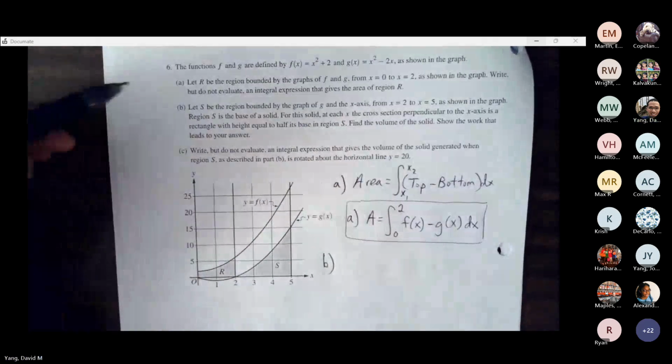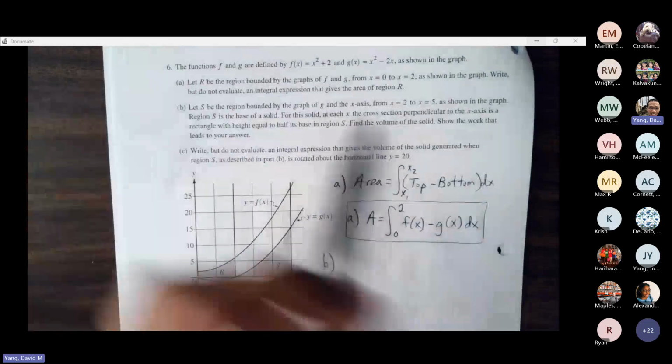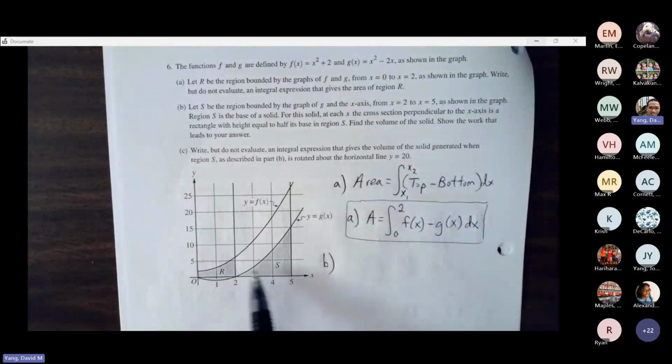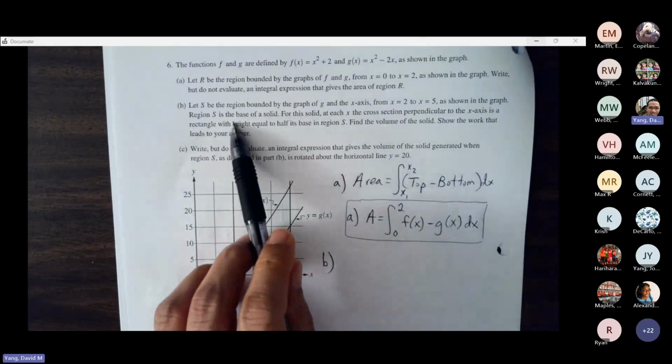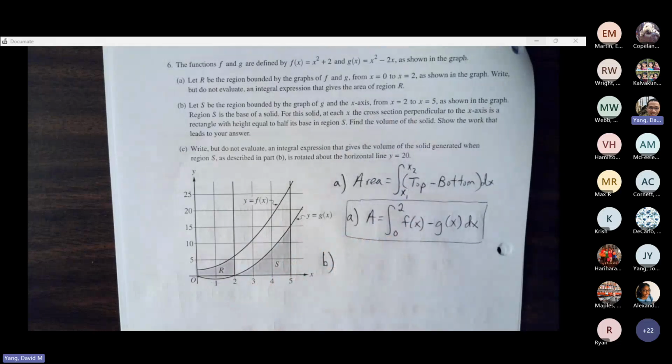Part B, let S be the region bounded by the graph of g and the x-axis from 2 to 5. So now we're moving on to talking about region S. But region S is now the base of a solid. For this solid, each cross-section is perpendicular to the x-axis.